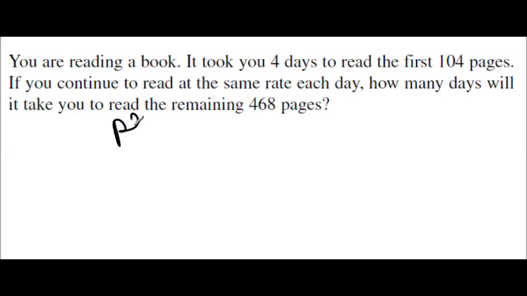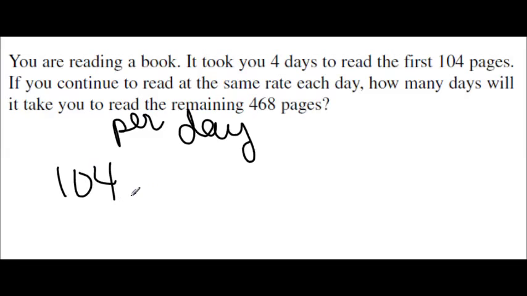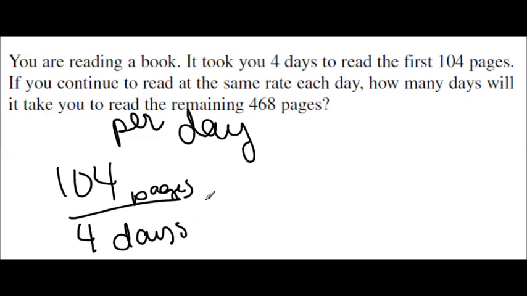The easiest way to do it is to read the question and figure out what you're trying to figure out. In this case, we're trying to figure out how many days it takes to read. If we know that we can read 104 pages in 4 days, how many days will it take to read 468 pages?